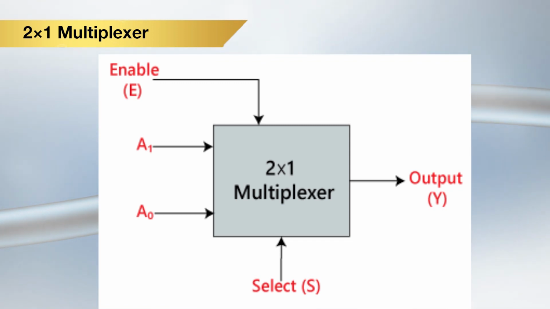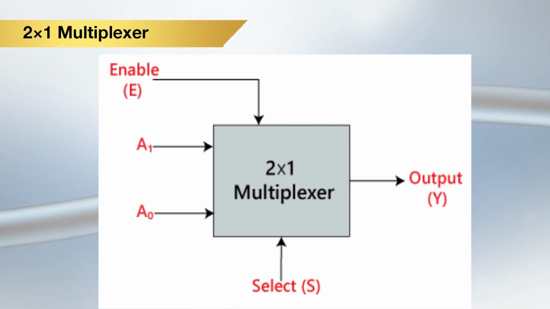The selection line will select whether A0 or A1 will be given at the output Y. If the selection line is, suppose, high, then let's assume it's transmitting A1.